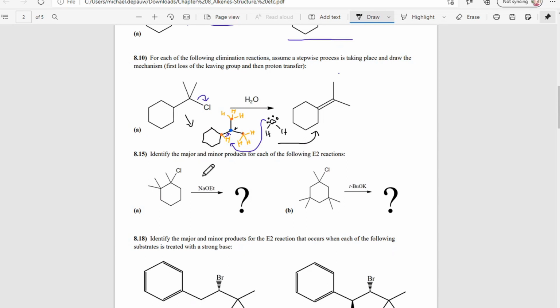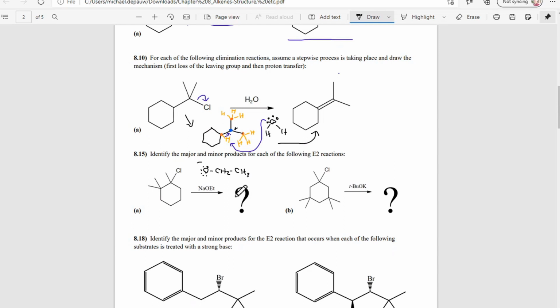OEt is shorthand for OCH2CH3. And of course, it's basically a deprotonated alcohol. Negative charge there. It's a very, very strong base.